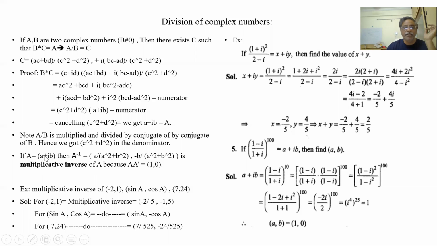So the numerator will get A minus iB. So A by A square plus B square, this is the multiplicative inverse. Whenever we are asked to find the multiplicative inverse, we can use this formula. Basically, I am putting 1 by A minus iB.